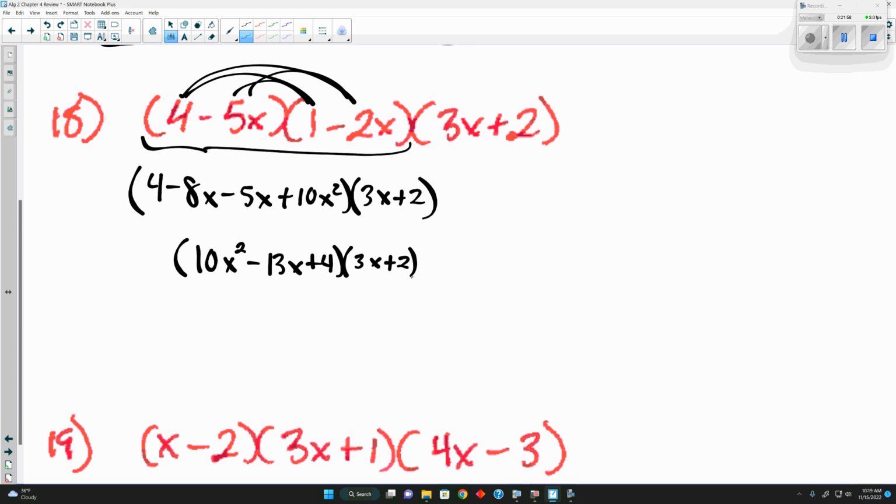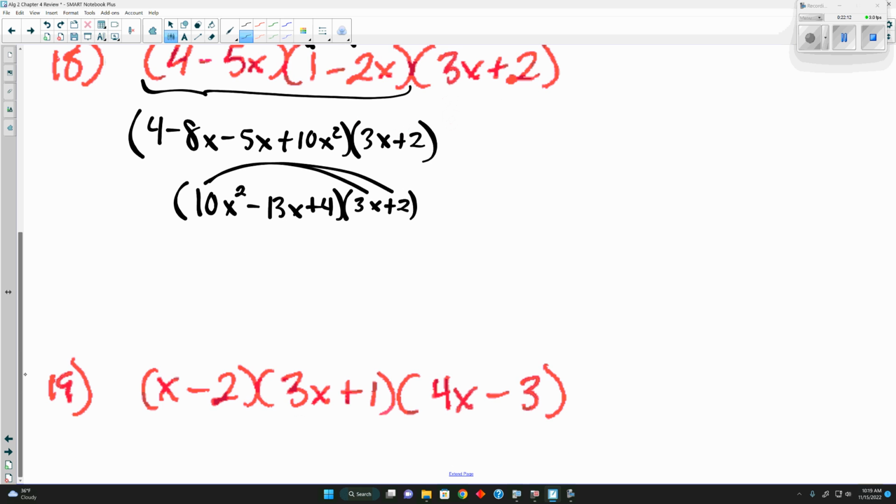I'm going to flip the order of the first one because I want to write it in standard form, the variable with the biggest exponent first, and then decreasing order. And lastly, we can go on and distribute through here. 10x squared times 3x is going to be 30x cubed. 10x squared times 2 is plus 20x squared. Negative 13x times 3x is going to be negative 39x squared.